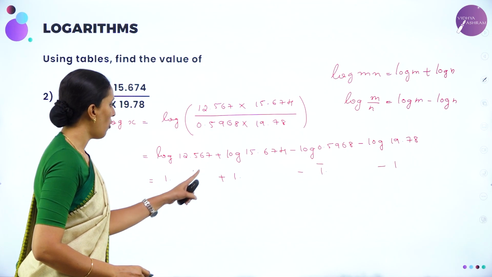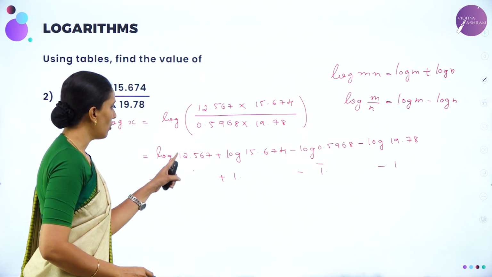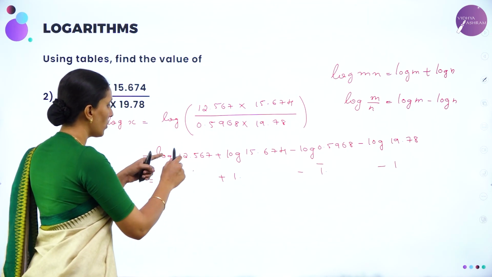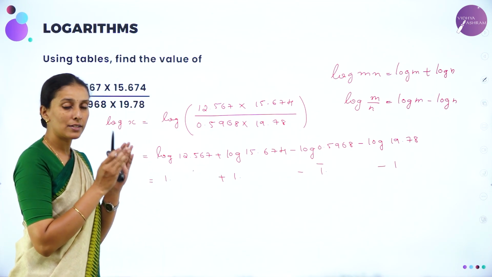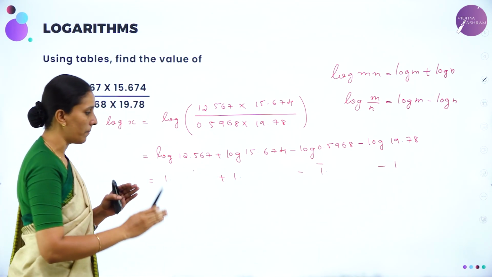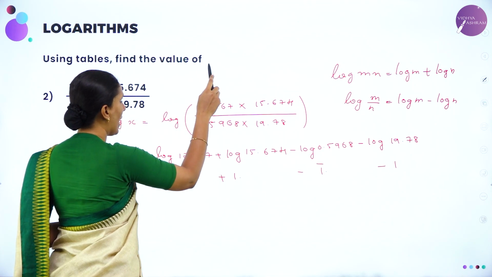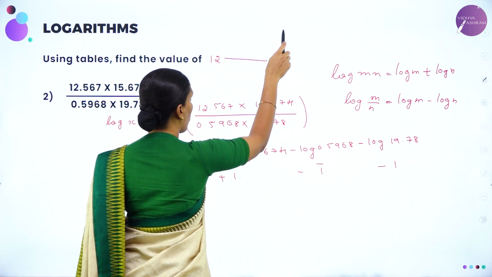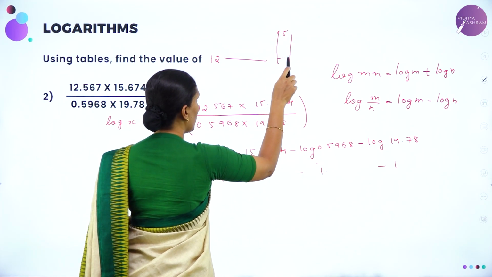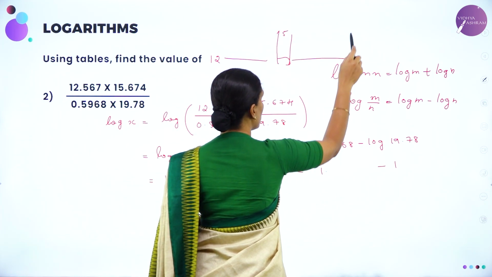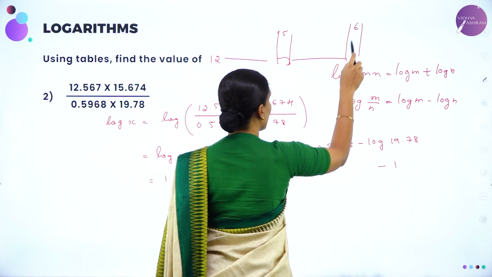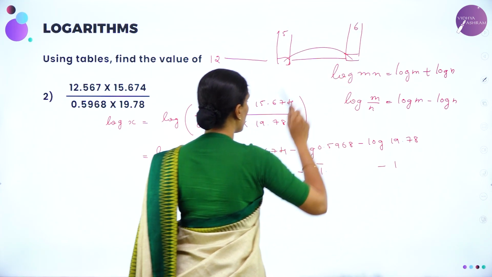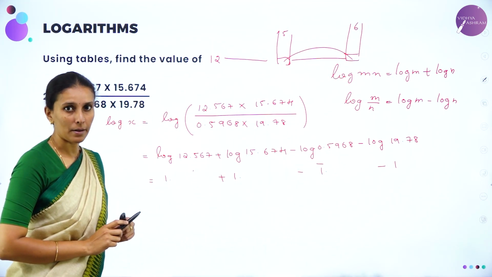Now with the help of log table, we need the value of 1256. So you have 5 digits here, but you always consider the first 4 numbers. So we need to find the value headed by the row 12, then move towards the column headed by 5, note the number, again move towards the column headed by 6 in the mean difference, add these two numbers, you will get the mantissa part.